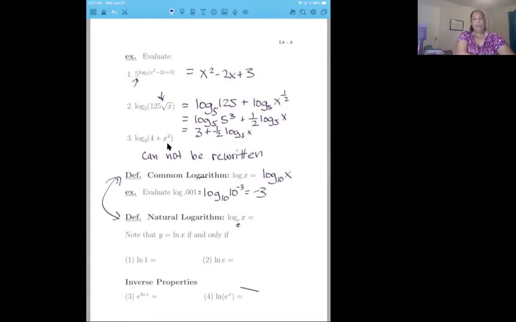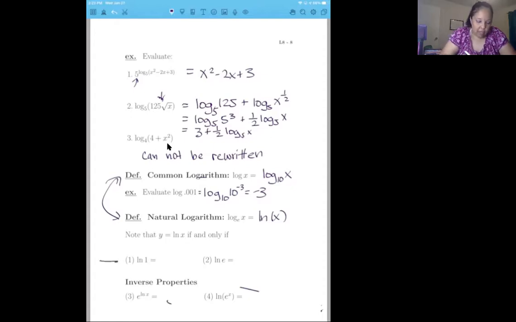Then the natural log is log base e. And we talked about e recently. That is just an irrational number, 2.718, and so on. We write it as ln of x. So ln of x, excuse me, is just log base e.